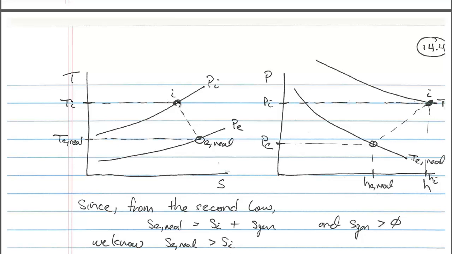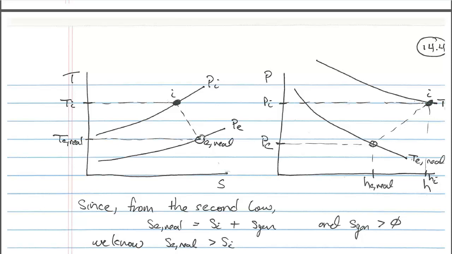What that means then is that the real exit entropy is somewhere to the right of this inlet state. In other words, if I were to draw straight down to here, this is what the inlet entropy is equal to. But the real exit entropy is to the right of this line because the real exit entropy is greater than the inlet entropy.